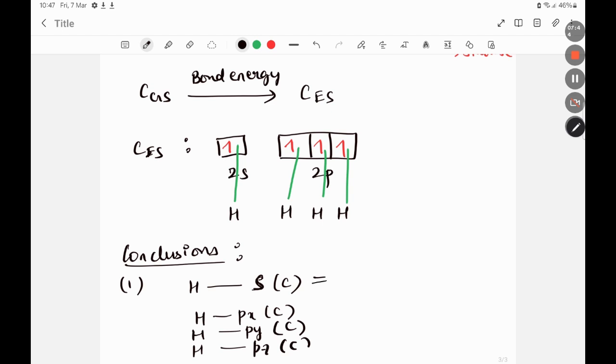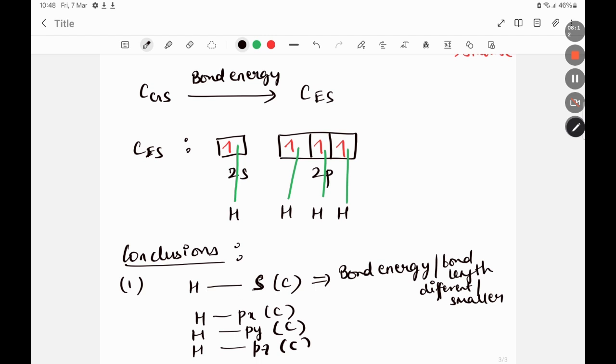So as a result, the bond energy and bond length of this CH bond is different, and it is probably smaller, because bonds which have a higher s character are smaller, that we will discuss later on.